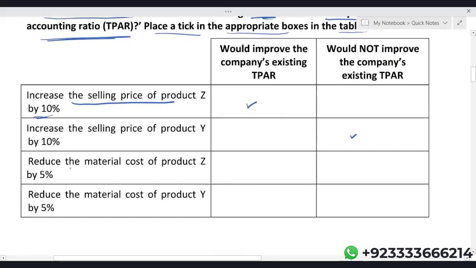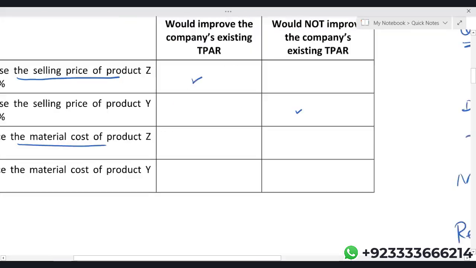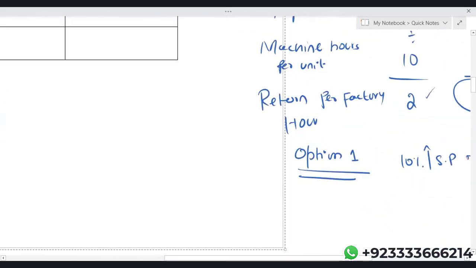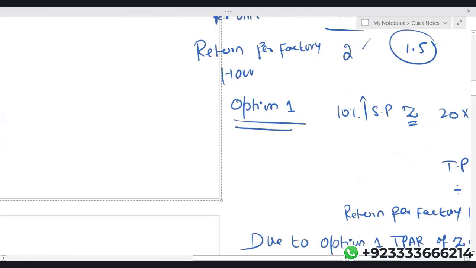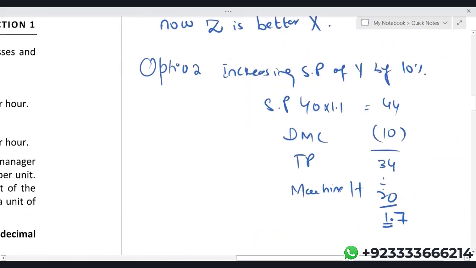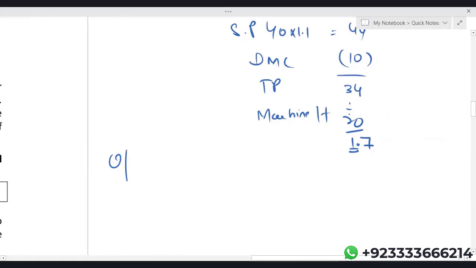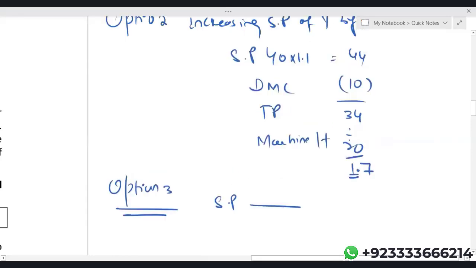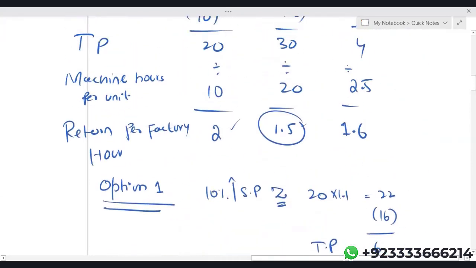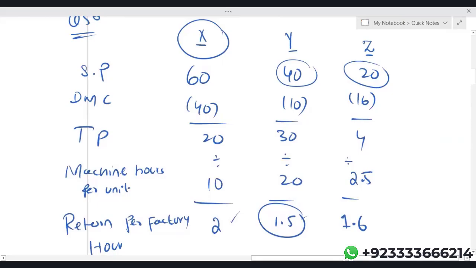Option 3, reduce the material cost of product Z by 5%. Now let's see what happens. If we reduce the cost, option 3. Selling price of Z, we know that it is 20.